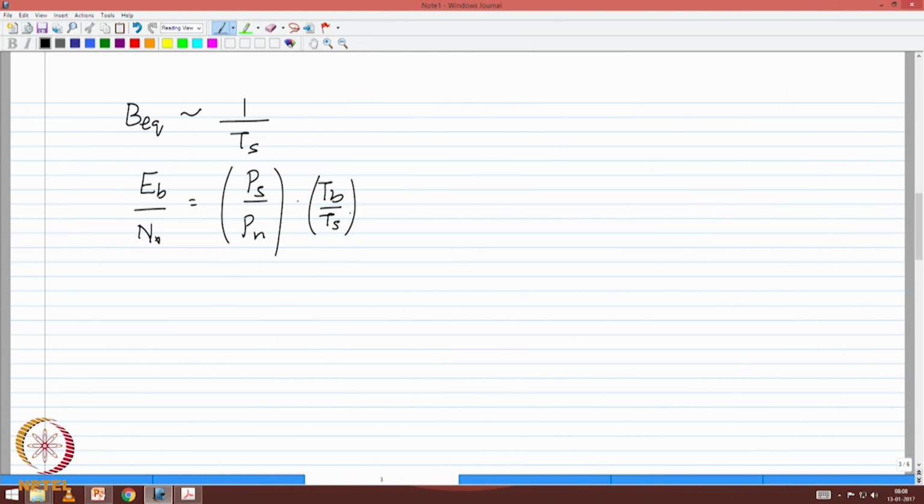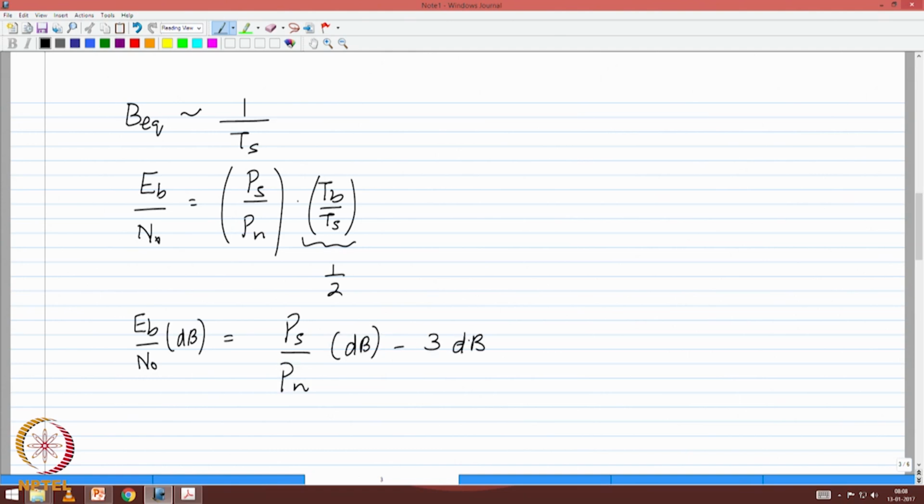TB times B equivalent is proportional to 1 over Ts, and this is nothing but 1/2, under the assumption that you are using root raised cosine at the transmitter and receiver. This is approximately 1/2. So, if I were to write it in dB, EB by N naught in dB is PS by Pn in dB, minus 3 dB. That is it.